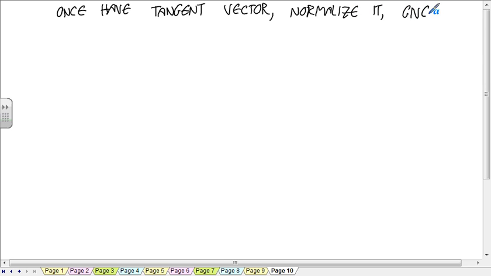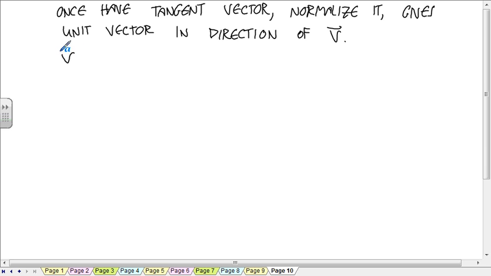And that gives you the unit vector in the direction of the velocity vector. So that's the unit vector, I'll call that u hat. And then the velocity vector is equal to the speed, capital V, times u hat.